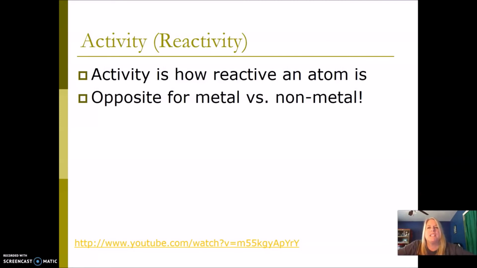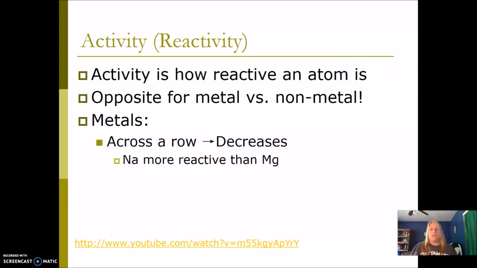Okay, how about reactivity? The activity or reactivity is basically how reactive a metal is. And it's opposite for whether we have a metal or a non-metal. When we have metals, the more we go across the table, the less reactive they are. So on the far left, our alkali metals are super reactive.